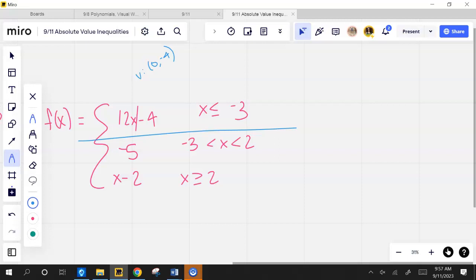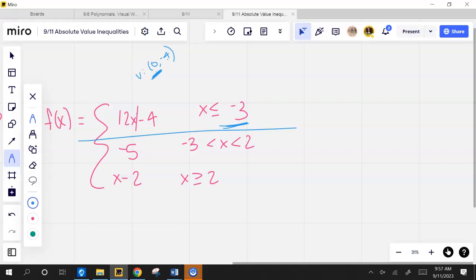Remember, there's no h inside, so it would be 0, and then the k is the number outside the absolute value. So 0, negative 4. So that's my vertex, right? Now the question is, is this less than or equal to negative 3?